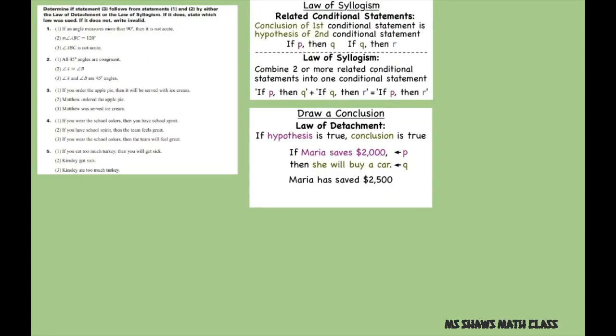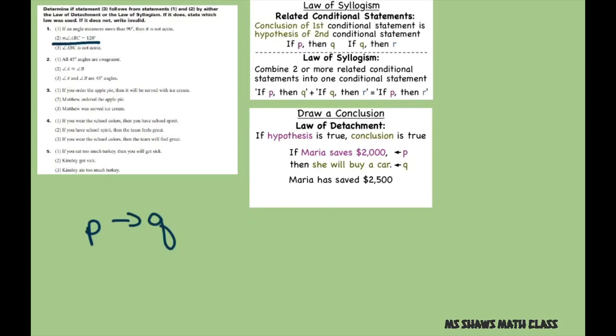It says, if an angle is more than 90 degrees, then it's acute. So here's your statement 1: if P, then Q. Then statement 2: the measure of angle ABC is 120 degrees.